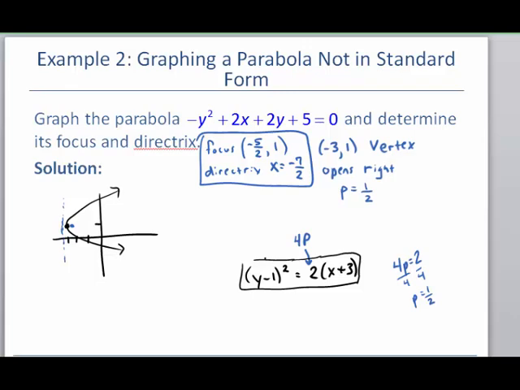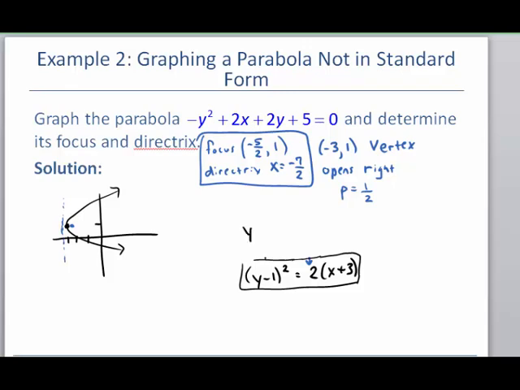And the last thing that we need to do is firm up our graph. Remember that the way to do that is to use the points above and below the focus. So we're going to look at our focus point and use the x value in the focus. So our x value is -5/2. We're going to plug that into our equation.